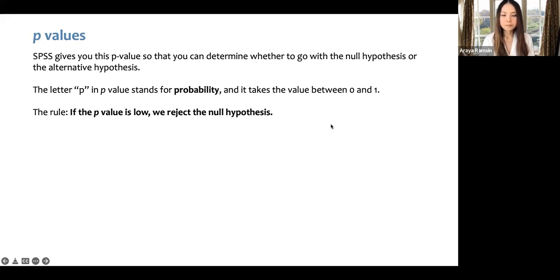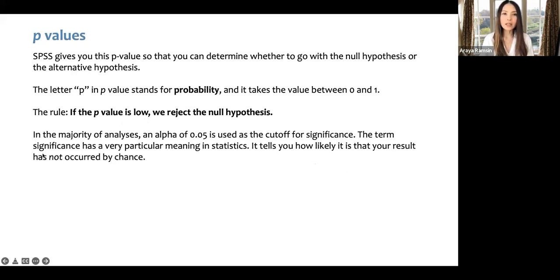So we are going to need some kind of threshold at which we can say what low means. It's quite subjective. What do you mean by low? In the majority of analyses, an alpha of 0.05 is used as a cutoff for significance.